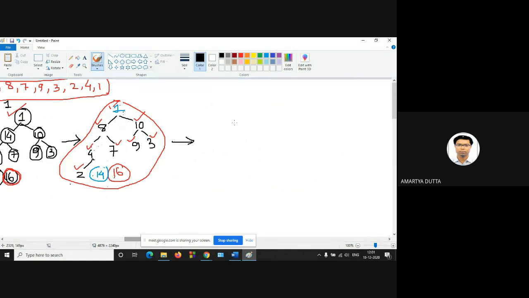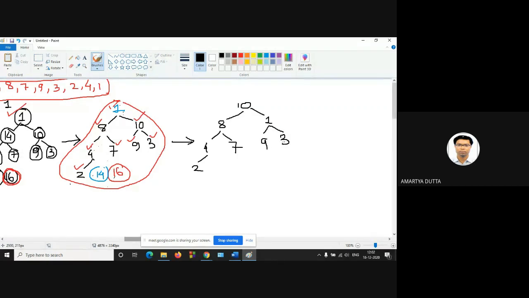Could you please tell me what the heap structure is after calling it? Sir, 10 will be the root. Right of 10 is 1, left of 10 is 8. Left of 8 is 4, and this is 7. As the heap size is decreased, left of 4 is 2, and then 9 and 3.